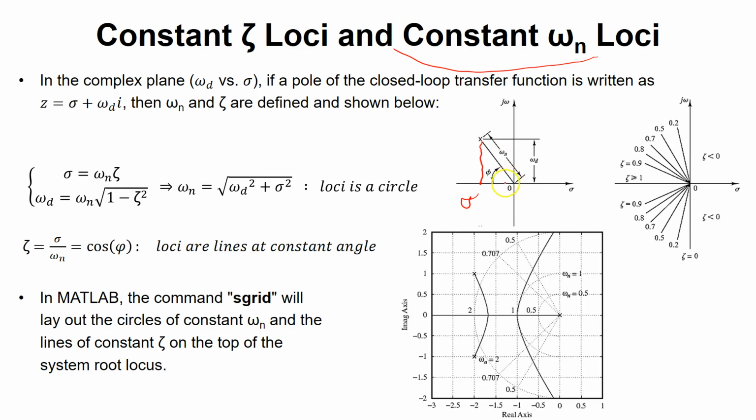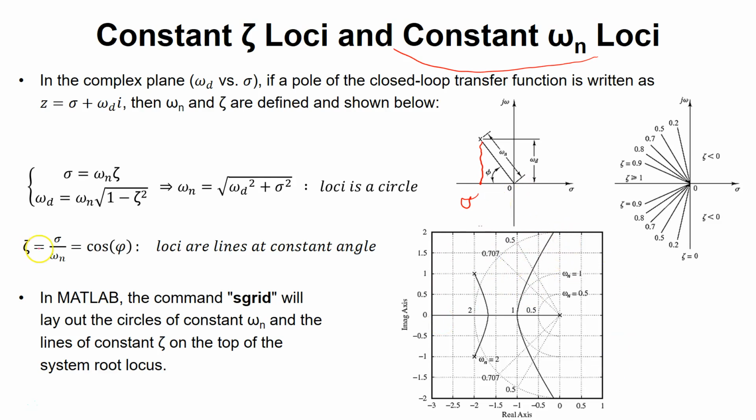If this omega n, this radius, is constant, then the locations for constant omegas will be a bunch of circles all centered at the origin, and the radius of them is, of course, the constant omega. So the constant omega location means concentric circles, right? That's omega n equal 1, radius 1, omega n equal 0.5, omega n equal 2, omega n equal 3, and so on and so forth. So they are all circles in the complex plane.